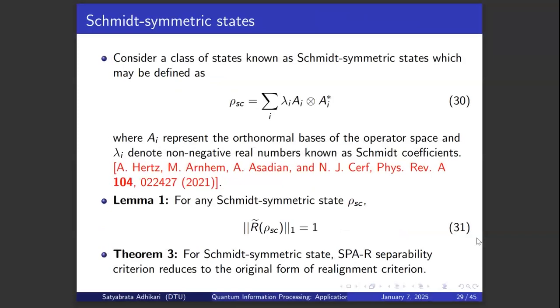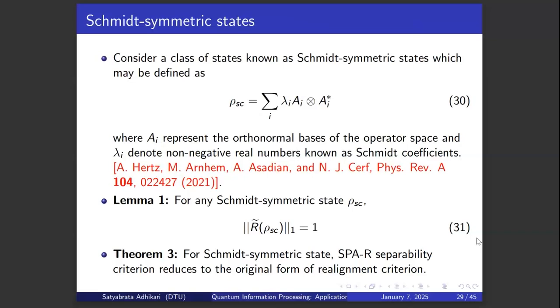Now one interesting thing is that we find a class of states known as Schmidt symmetric states. If we are considering the Schmidt symmetric state and would like to find out whether it is entangled or not, this state is defined in terms of operators. A_i denote the orthonormal basis of the operator space, and lambda_i denote non-negative real numbers known as Schmidt coefficients.